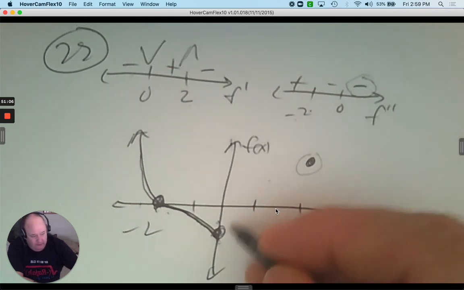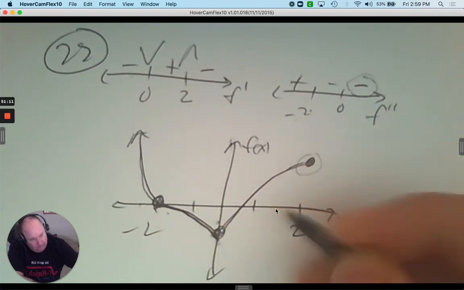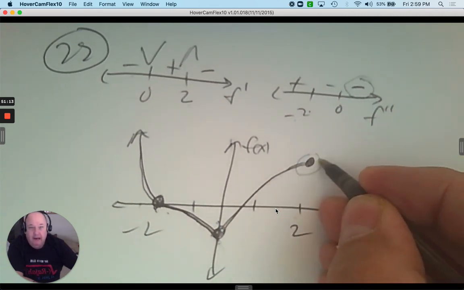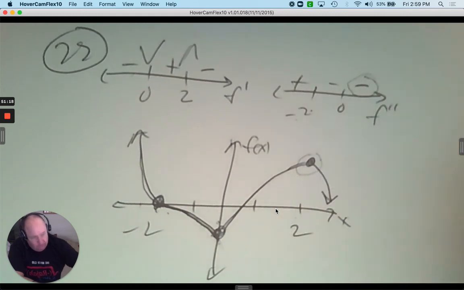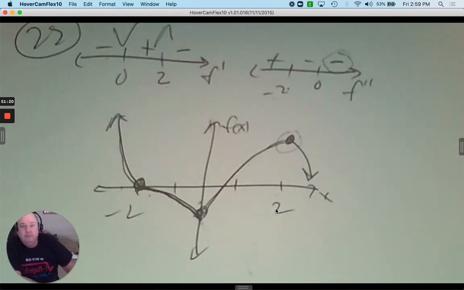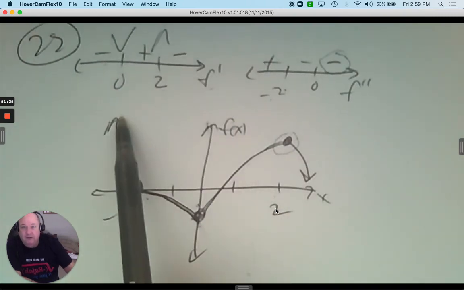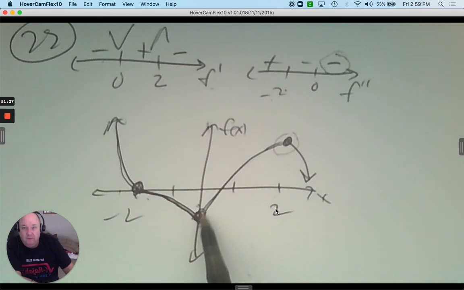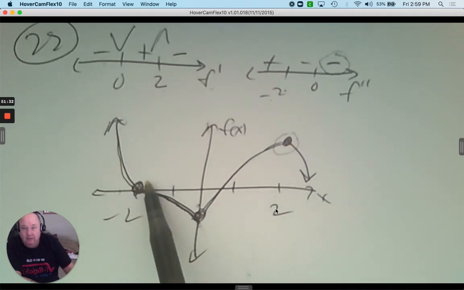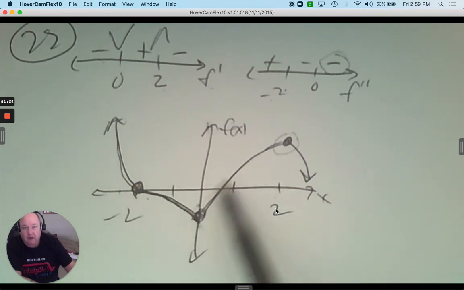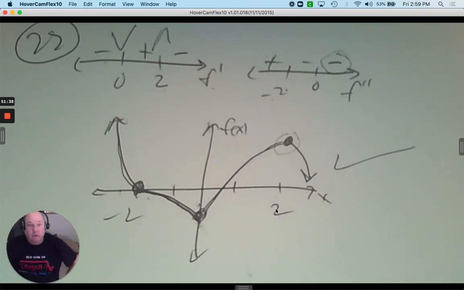It's frowning again. And then what happens after 2 is it continues to frown, but now it decreases. So does this match? Just double check. It's decreasing to 0, increasing to 2, then decreasing. It's concave up, concave down throughout. So it matches, and there's a sketch using the derivative lines.